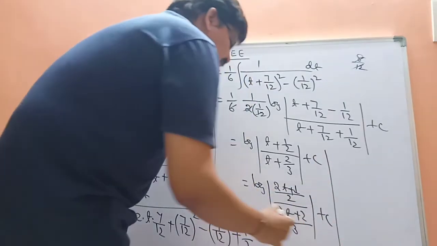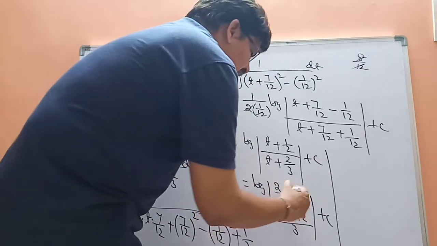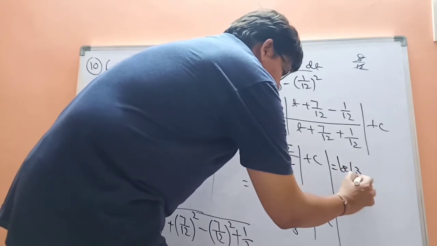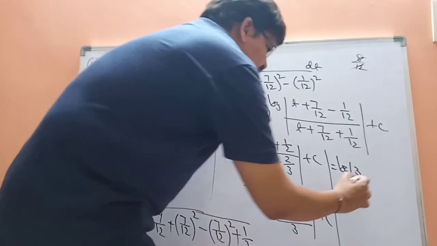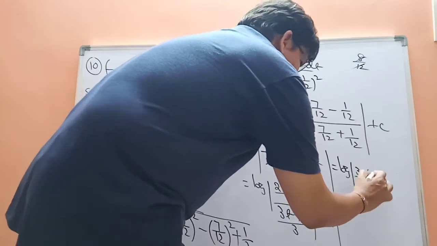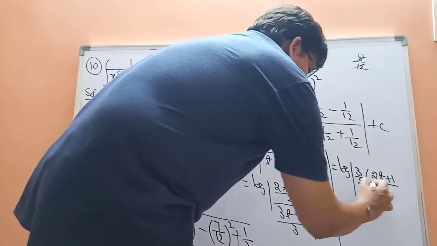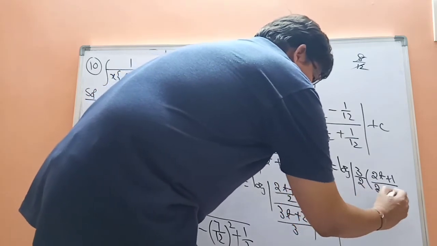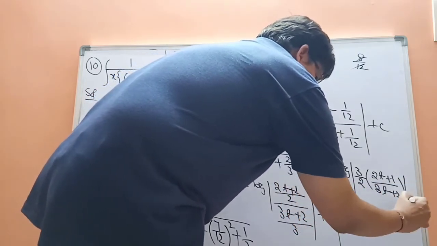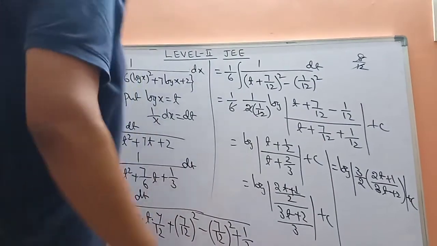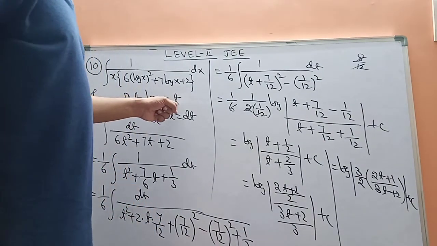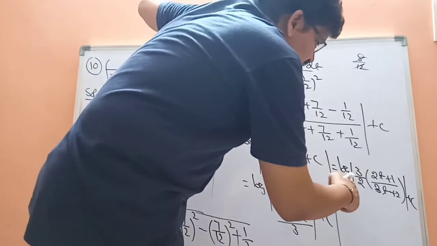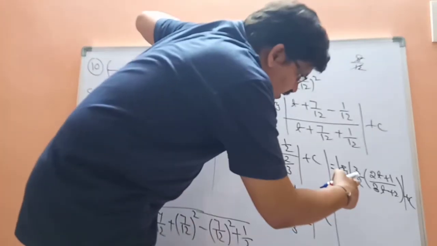Look here, totally that value becomes log of 3 by 2 into (2t plus 1) by (3t plus 2), plus c. Got it? t equals what? t value is log x. That's why here 3 by 2. All of you observe this.